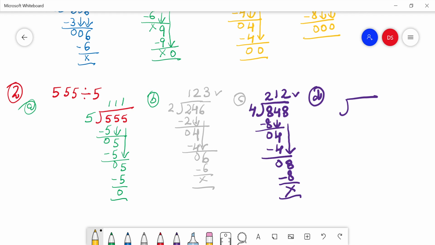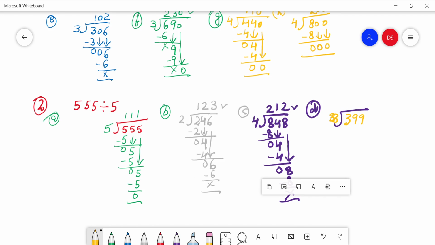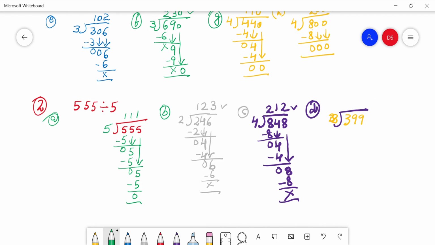399 divided by 3. 3 1 ja 3. 3 minus 3 is 0.